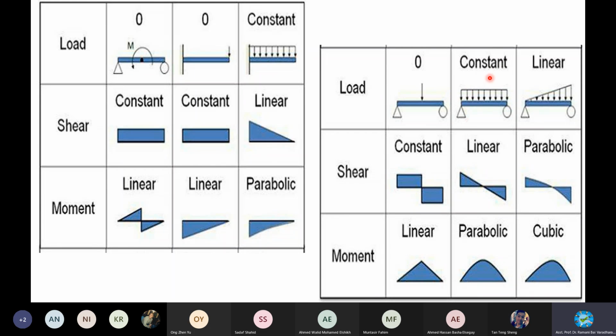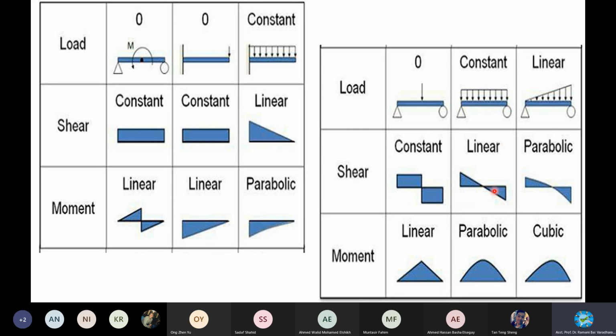Okay, started decreasing. Here there is nothing to balance out for this reaction. But here this reaction is balanced by this downward load. The balancing is slowly decreasing because it's totally away. Balance is totally decreasing to 0, and then it is increasing in this direction because it's towards another support.